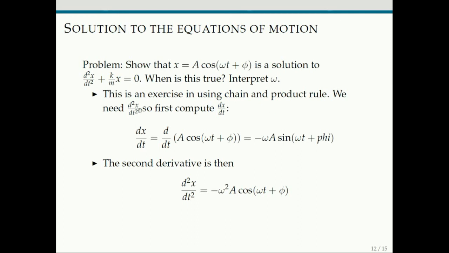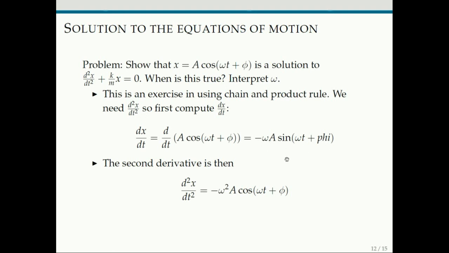Well, we need to take the second derivative of x with respect to time, so first we need to compute the first derivative with respect to time. So we take d by dt of a cosine(omega t plus phi), where omega and phi are both constants. So we end up with just a minus omega out front, and a sine(omega t plus phi).